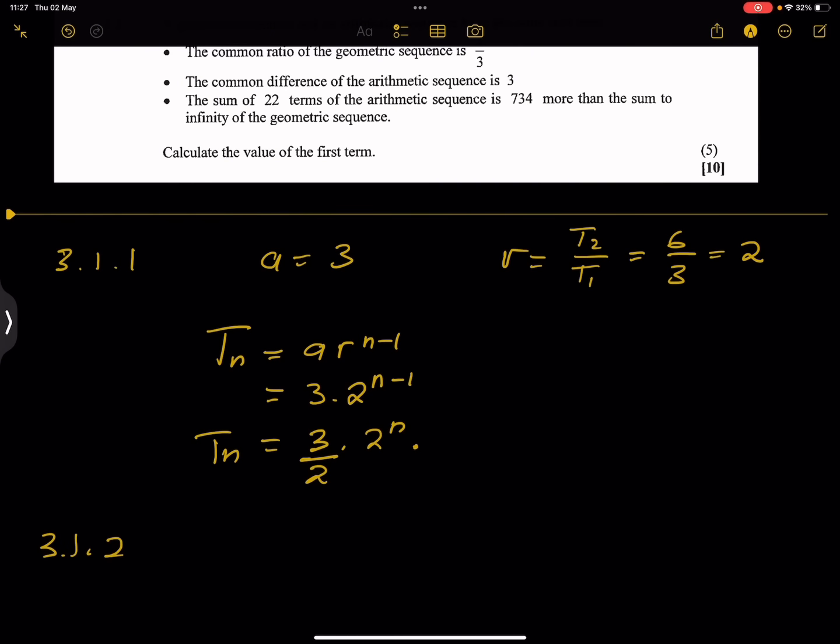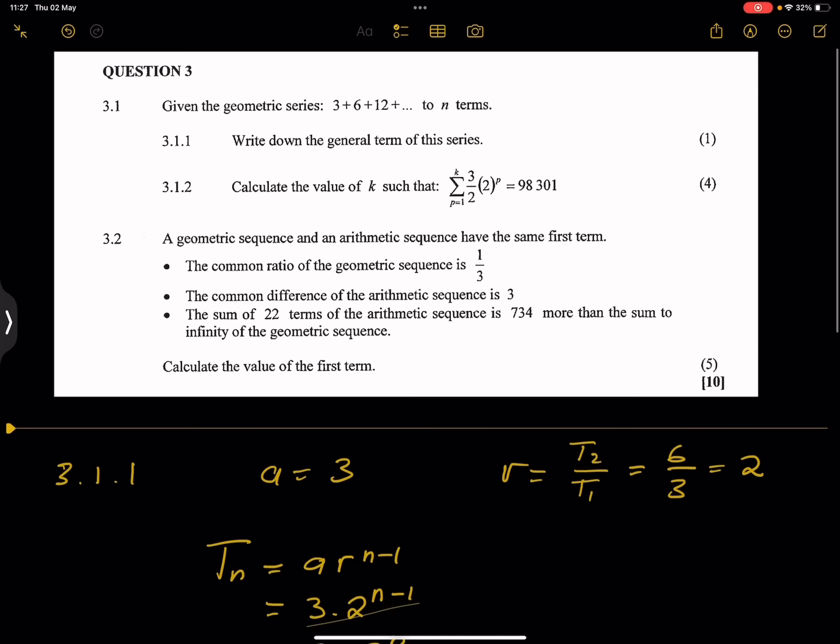Right, so 3.1.2, let's say calculate the value of k such that the sum, okay, so they're giving us the sigma notation, the sum of 3 over 2 multiplied by 2 exponent p from p equals 1 all the way to k, will be equal to 98,301.